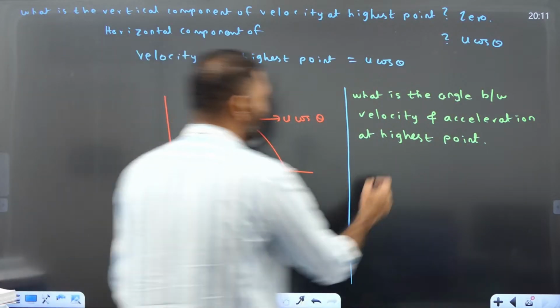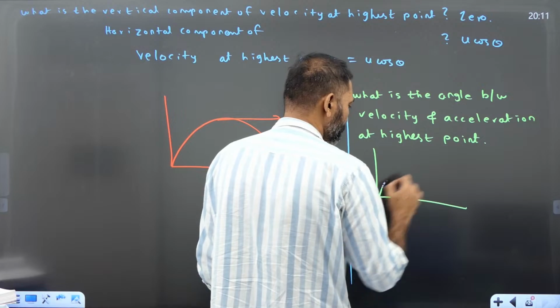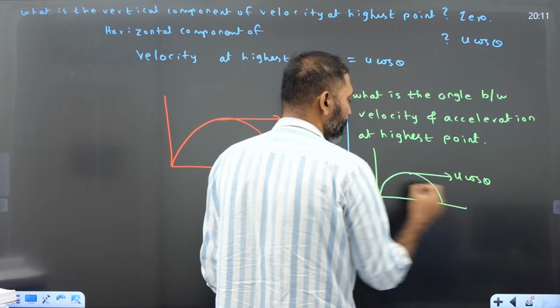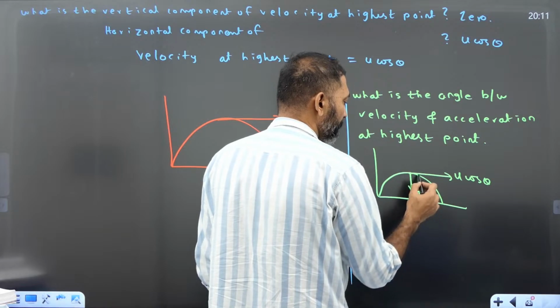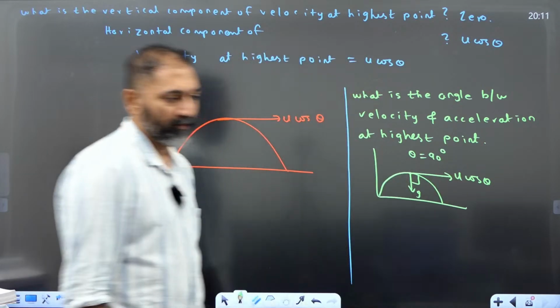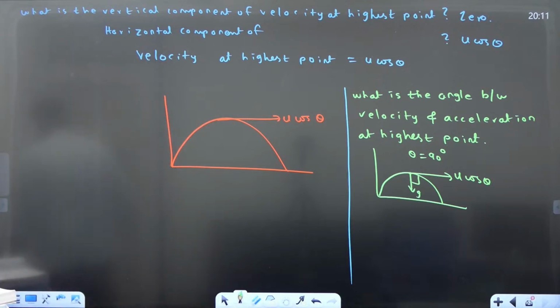Answer is very simple, because at the highest point, velocity is what? U cos theta, but there is downward acceleration, that is acceleration due to gravity. So angle is theta equal to 90 degree. Note down.